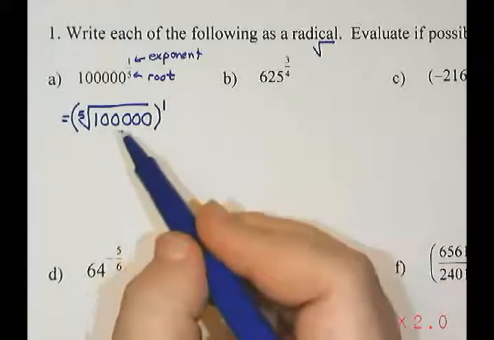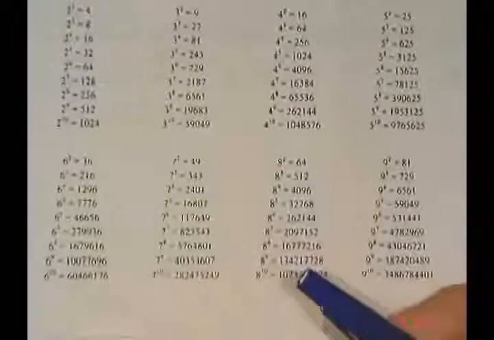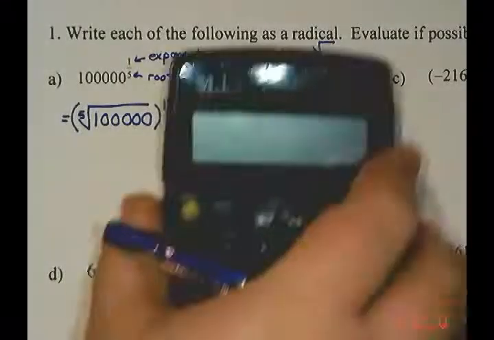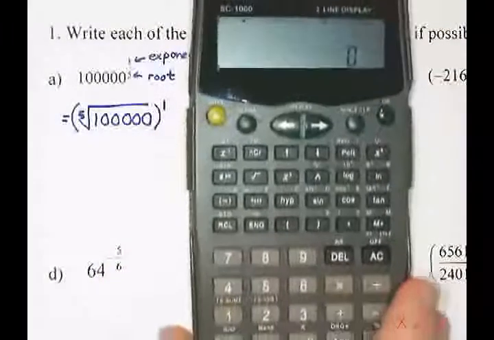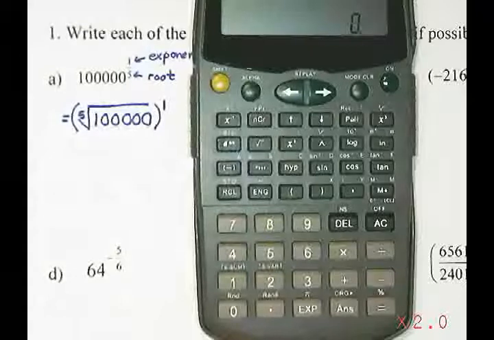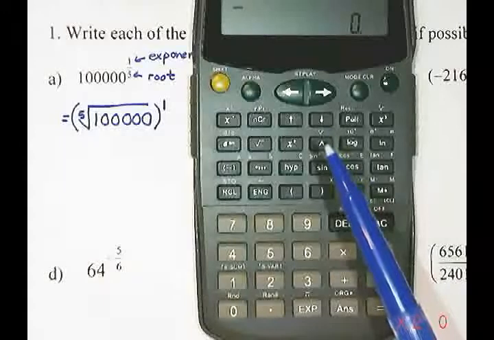Now the 5th root of 100,000, unfortunately 100,000 is not on my power sheet because I don't have any powers of 10 on here. So you could use your calculator. On this calculator we punch everything in as you see it, and to do a root, you use the second function of your exponent button.